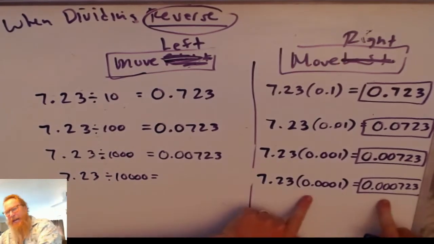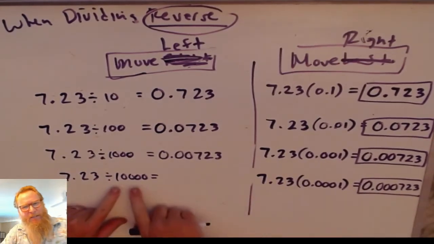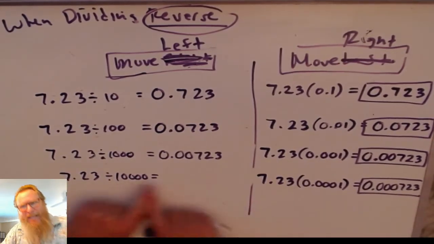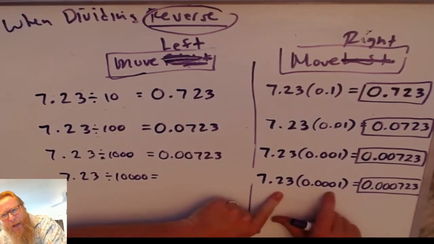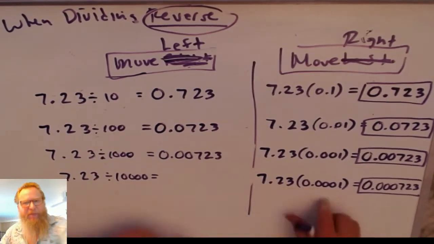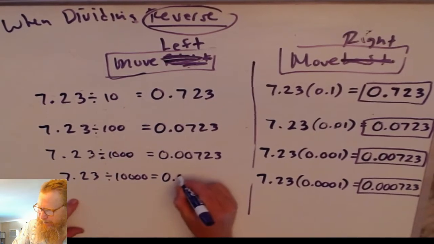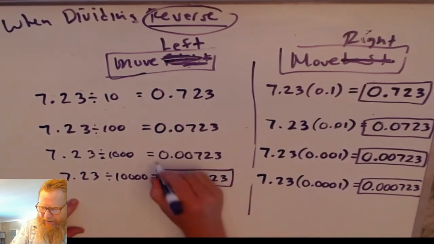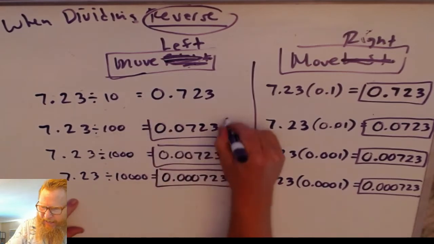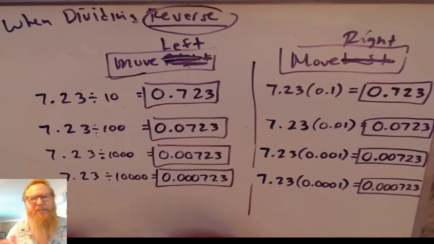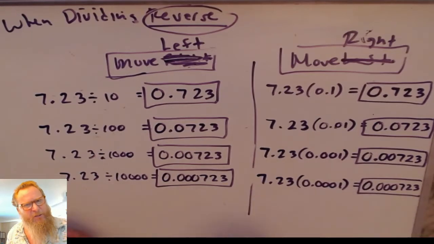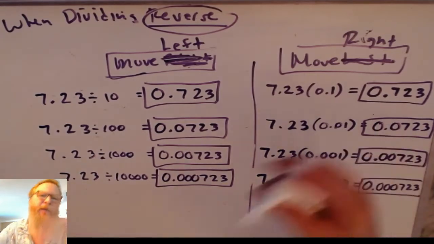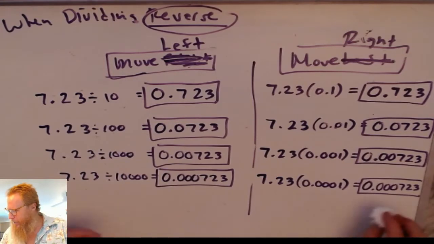That's going to be the same as this one, because dividing by 10,000 is equivalent to multiplying by a 10,000th. And so that will be 0.000723. And so now you can see that the rule for division and the rule for multiplication are simply reversed of each other. Buy one, get one free by reversing them.